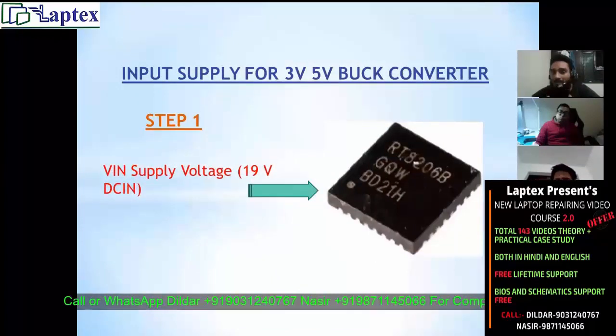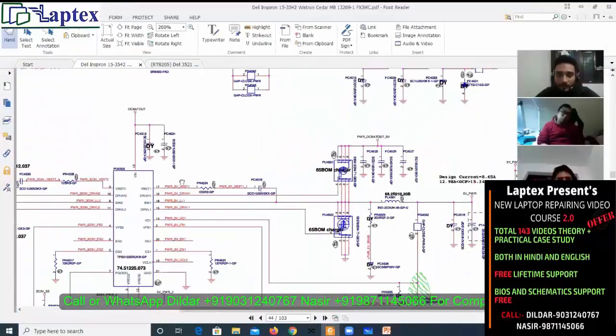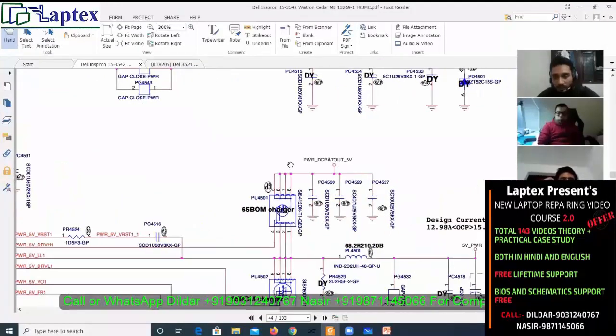Then we'll see the input supplies of a 3 volt 5 volt converter. What is the first supply for a 3 volt 5 volt regulator? 19 volt, coming from the Dcin section. You see that 19 volt coming. See here, this is the 19 volt supply that is coming at the drain of the power DC bat out.